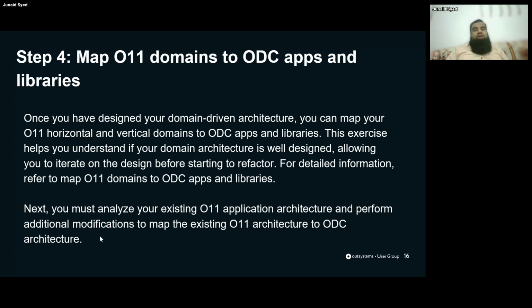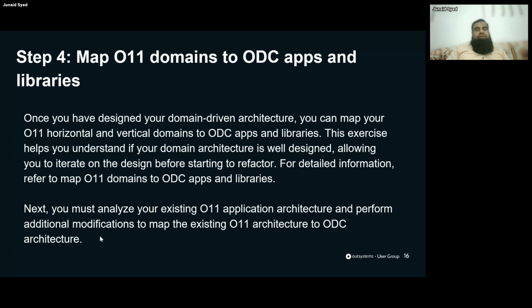Your end user module, your core module, your foundation module, the business layer module, the widget module, all those would be clubbed into just one application. That really helps to understand how my applications are going to be in ODC when they are migrated from O11.